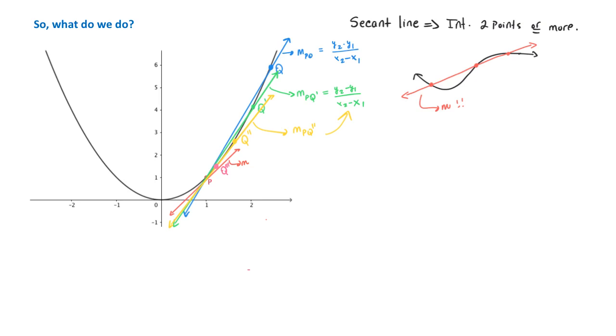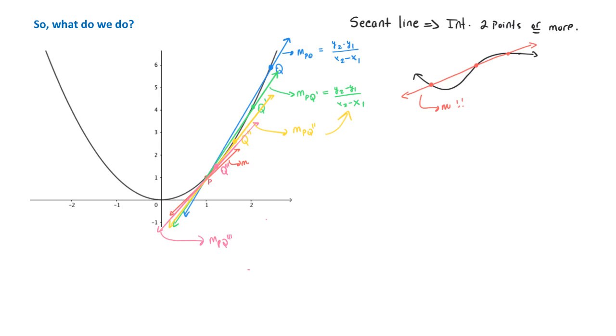And when I do that, try to follow the pink line that I'm drawing right here. We're going to create another secant line. But the nice thing about this secant line is that its slope should now be closer to the slope of the red possible tangent line.